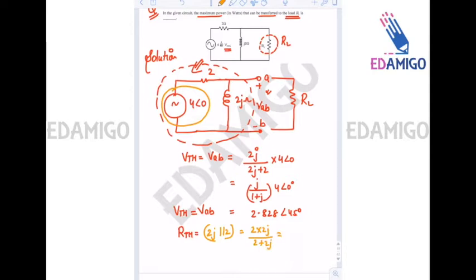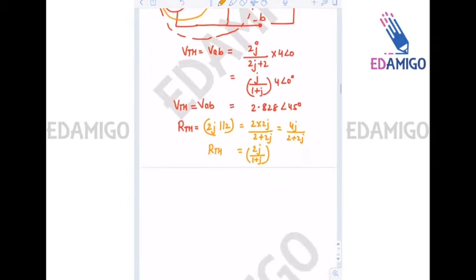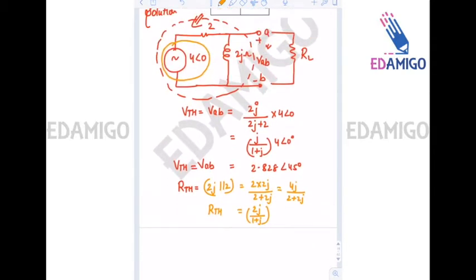So this will come out to be 4j upon (2 plus 2j), or 2j upon (1 plus j). That is your RTH, or I can say ZTH rather. Equivalent impedance, so ZTH will be a better expression.